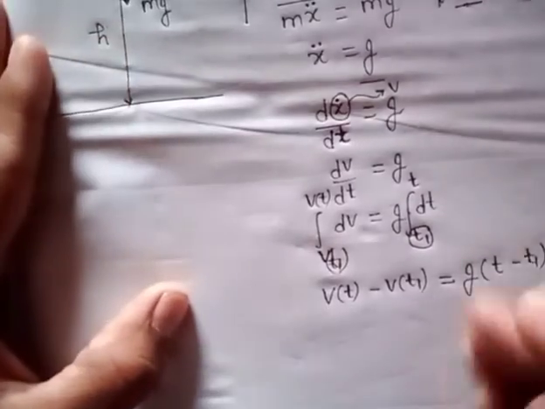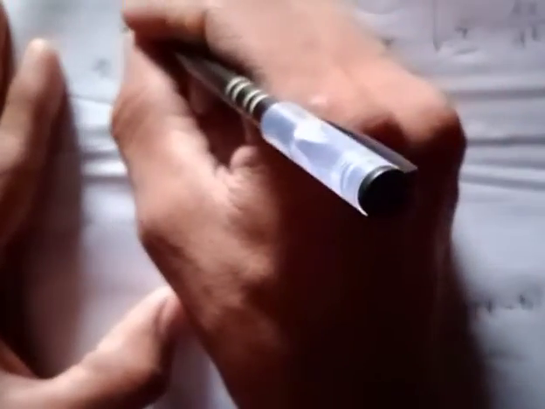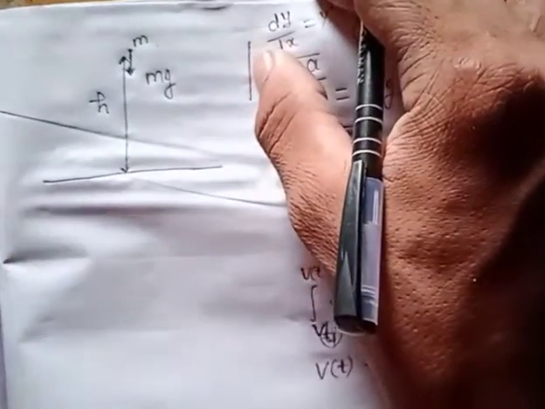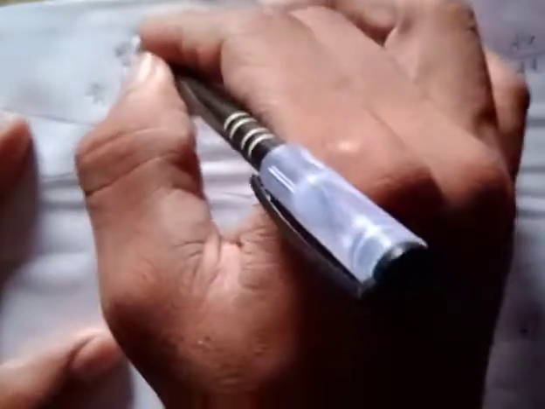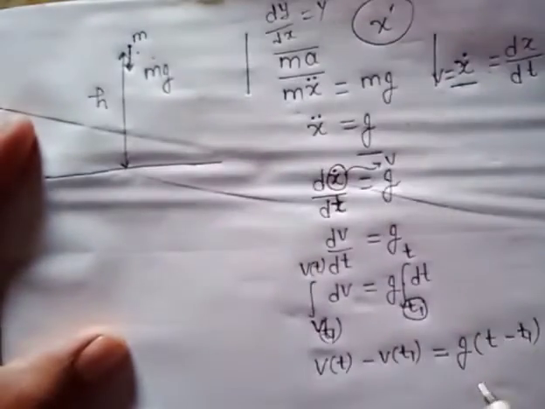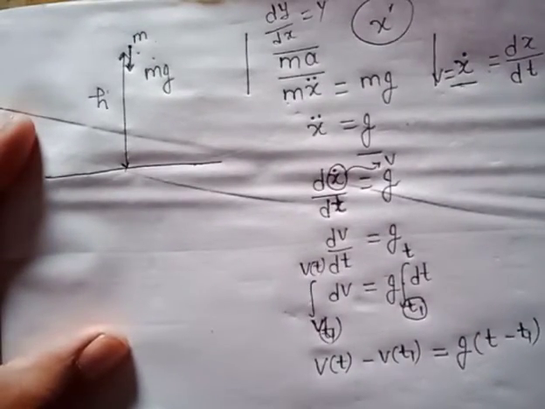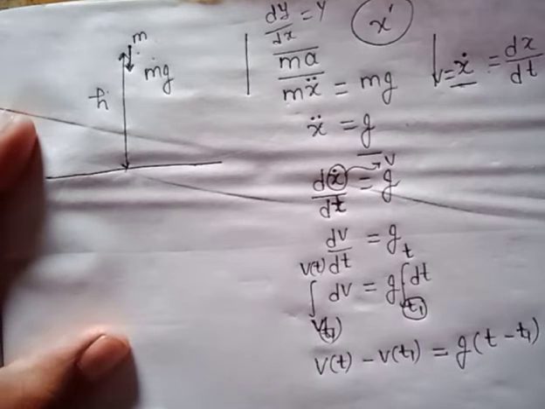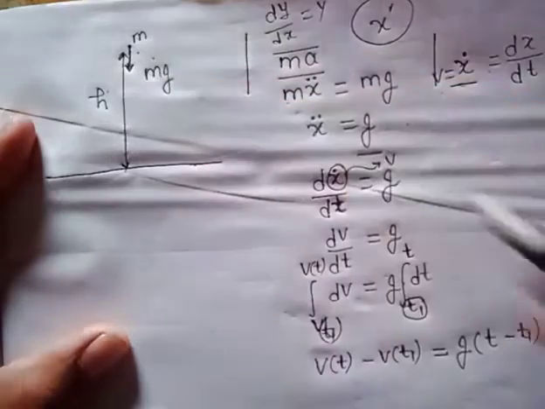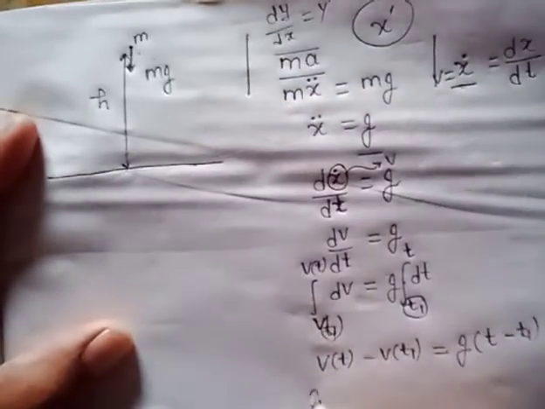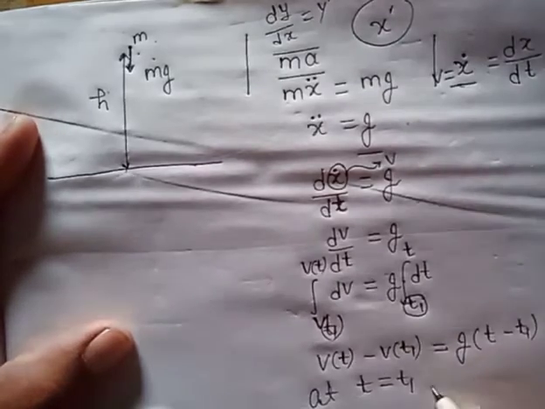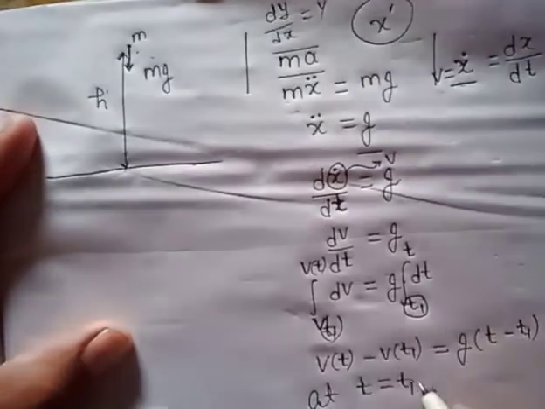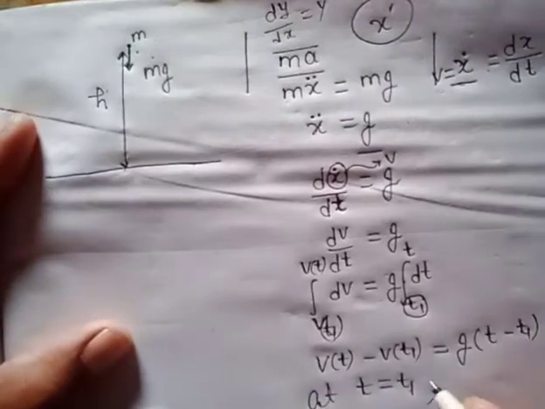Okay, but as we know that we released the ball, this means when time was initial, we can take this time t1 as 0. We have not given any velocity or additional velocity to this particle. So we can take t1 as 0.